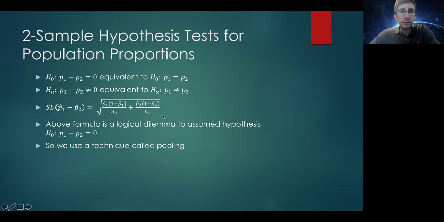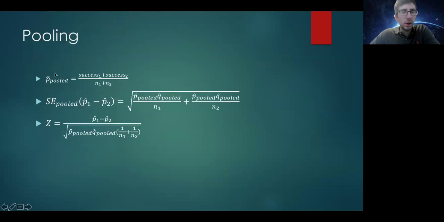So instead of using this formula for the standard error in our hypothesis tests, we need to use a technique called pooling. Pooling is just combining your two samples together and creating one new pooled proportion, this p hat pooled.